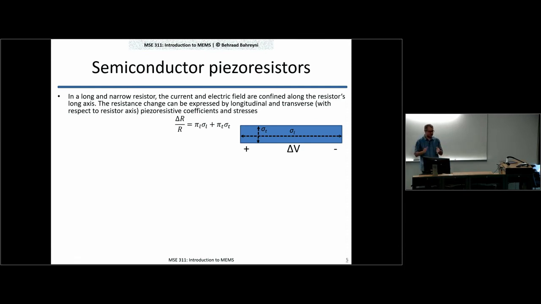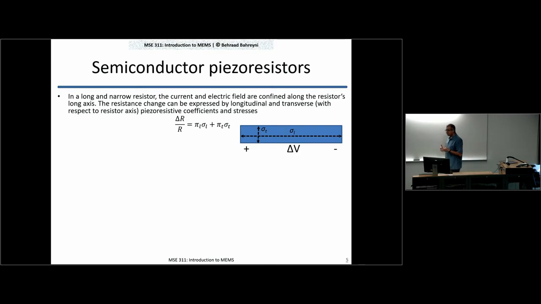So with piezoresistors, things are not really too difficult, and it's fairly easy and linear. The calculations are relatively straightforward. However, when you talk about piezoresistors that are made out of semiconductors, and you already know about this, we need to worry about the direction.